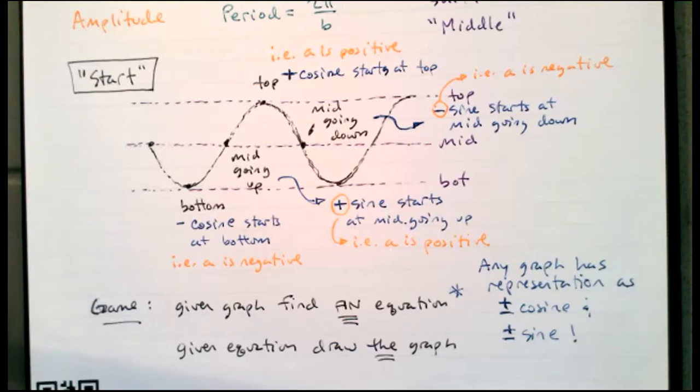There's an infinite number of bottom points, an infinite number of top points, an infinite number of middle going up, infinite number of middle going down. So that's when I say find an equation. 4 different representations, but each of those 4 has an infinite number of representations. Gives us 4 times infinity, which is still infinity. At least it's a countable infinity, so we got that going for us.